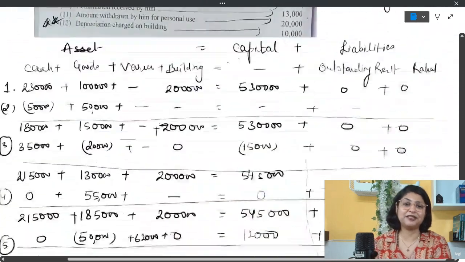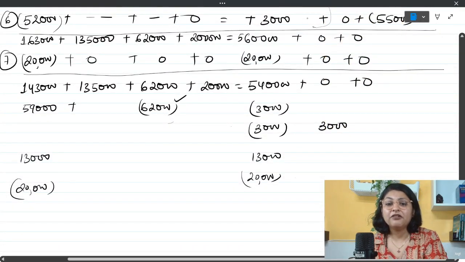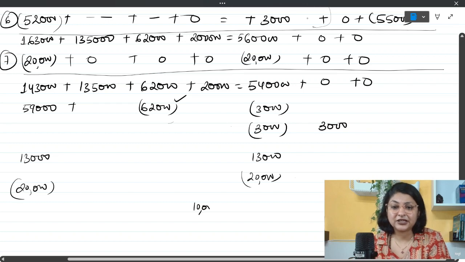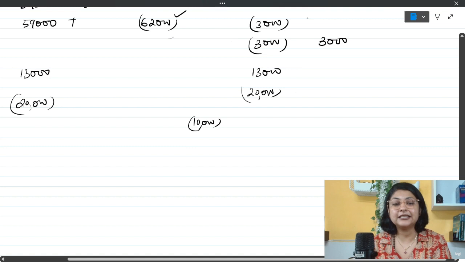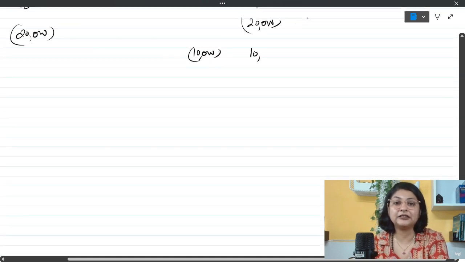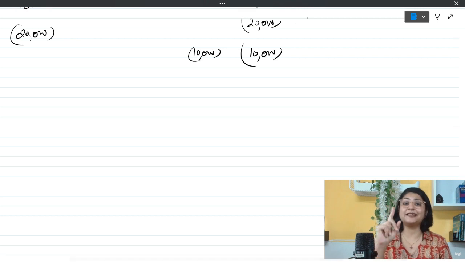Why? Because depreciation is the first time we are doing it. So depreciation means what? It's a non-cash expense. We will be deducting it from our building, and since it is an expense, it will be deducted from capital as well. So depreciation treatment is at two places, one from capital and one from building. It has nothing to do with the cash.